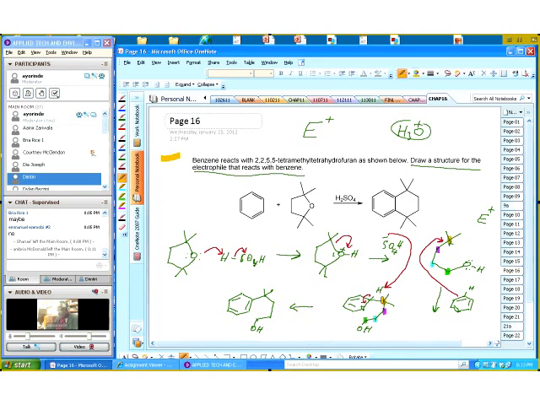Okay, keep in mind, let us keep track of our carbon here. This carbon here is still here. This carbon here is still here. This carbon here is still here. And this carbon here is still here.